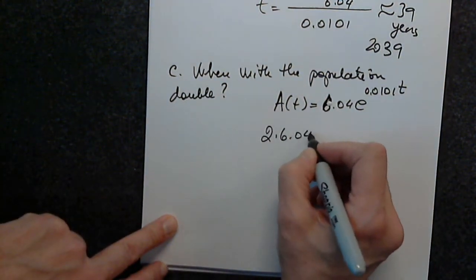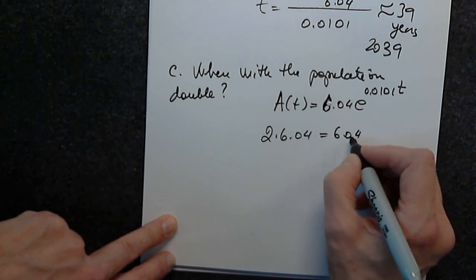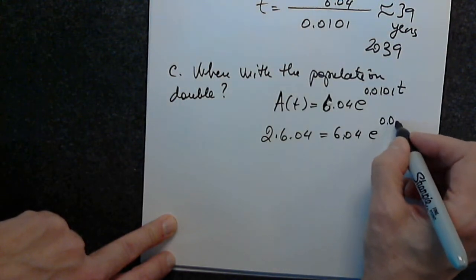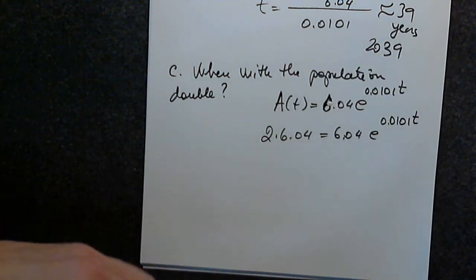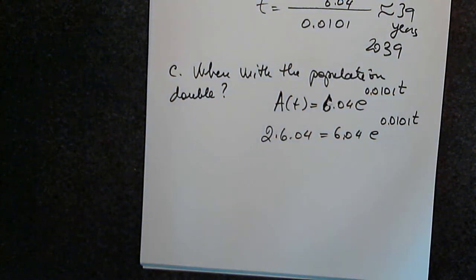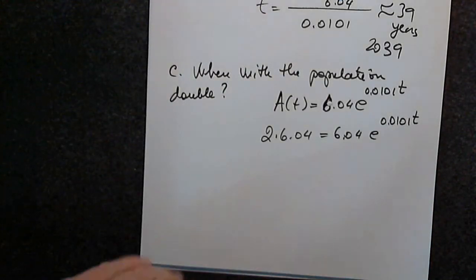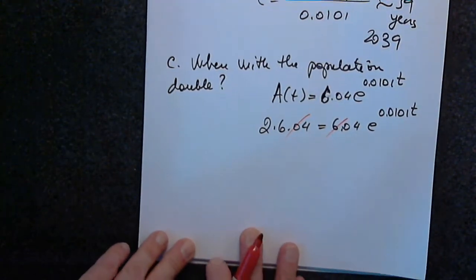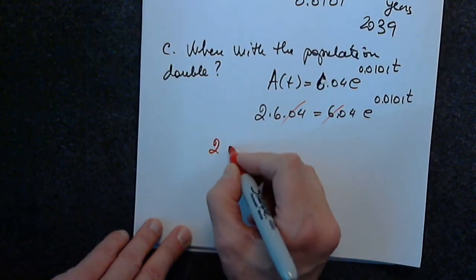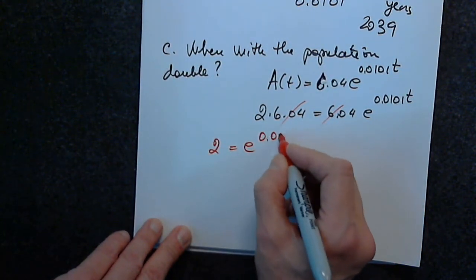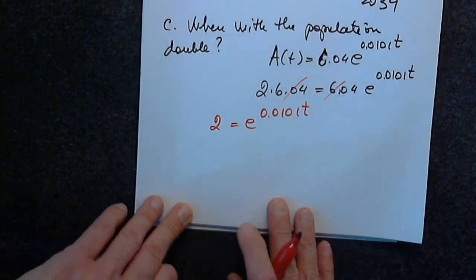Twice 6.04 equals 6.04 times e to 0.0101t. Why did I decide not to multiply? Because I will have to clean it up anyway. And I will have to divide by 6.04. So these two, and I divide both sides by 6.04. So I get 2 equals e to 0.0101t.